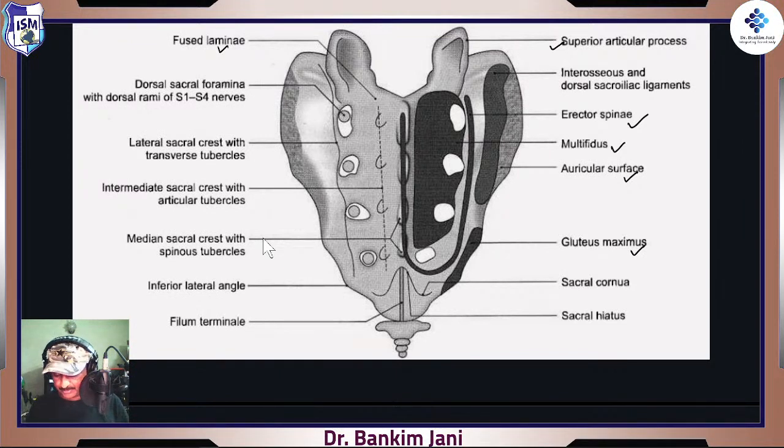Sacral hiatus means that opening; above it was the sacral canal. Filum terminale is over there. Inferior lateral angle, but obvious. Regarding the tubercles, these are the lateral and medial sacral crests with sacral tubercles. That's okay. Nothing much over here. Let's move further.